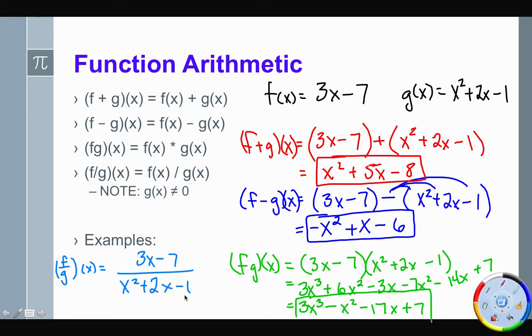And essentially that is it for what we are going to be doing. Now we do have to make that note that this denominator piece cannot be 0. All right, so that is the basic arithmetic functions.